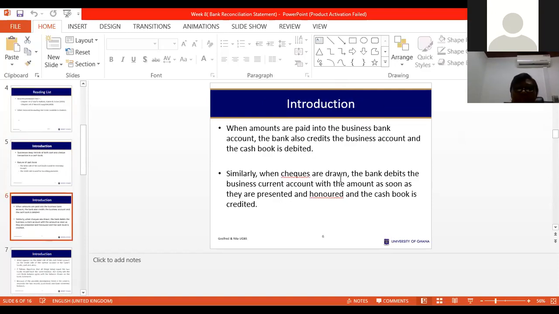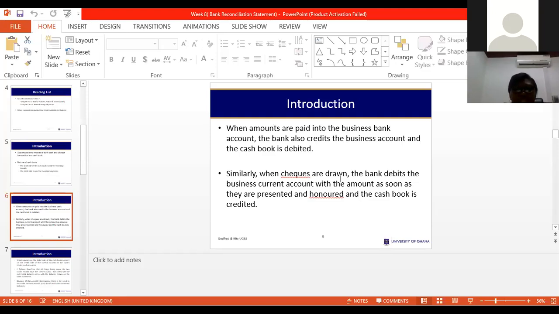Anytime amounts are paid into the business bank account, the bank will credit the account. Remember our cash book. So let me use Ascertain again. We sold goods to Ascertain, and Ascertain pays us by check. What are the entries? Ordinarily, we would debit the bank column of the cash book and credit Ascertain's account.